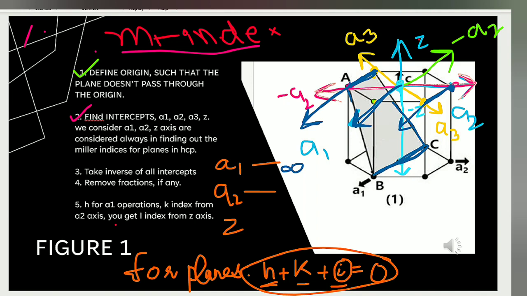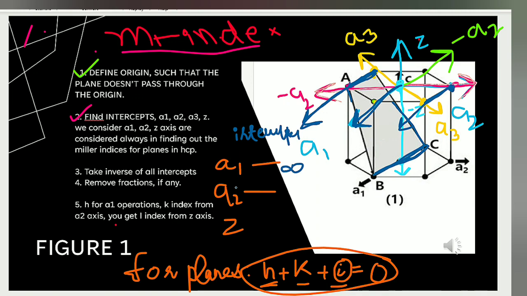So that was very simple. Now considering A2 axis, we are finding out intercepts here. These are not the final indices. For finding out the indices, we need to do some other steps. So this is intercept, it's not R. We are finding out intercepts here.